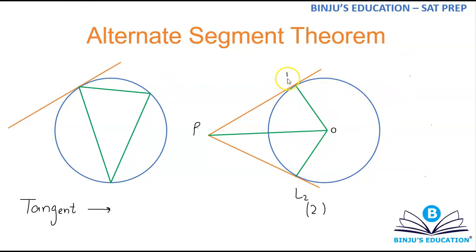Now another important thing regarding tangents which you need to know. Let's talk about this triangle PL1O. This is the radius, let's call this r. Let's call this PO as some distance d.